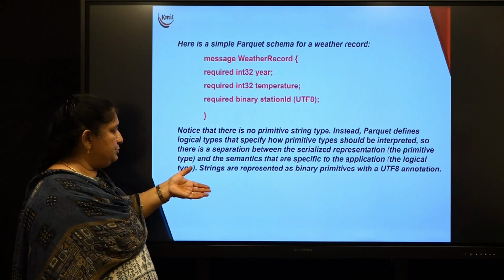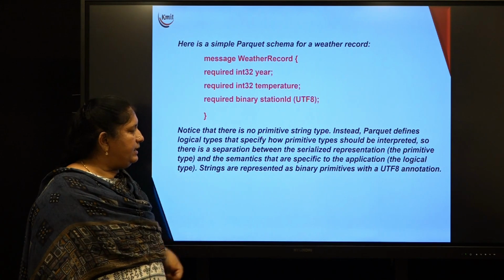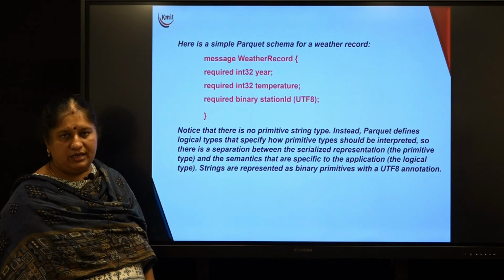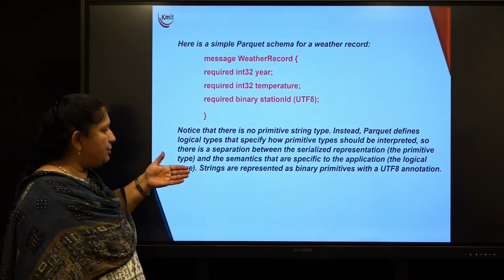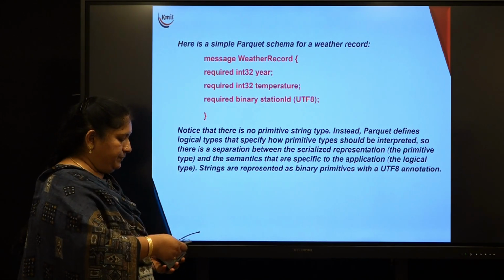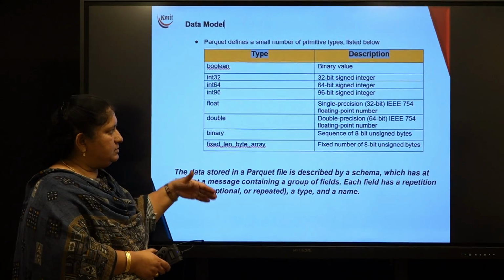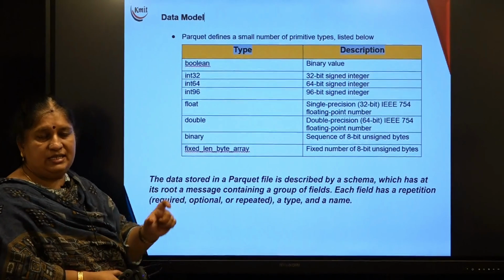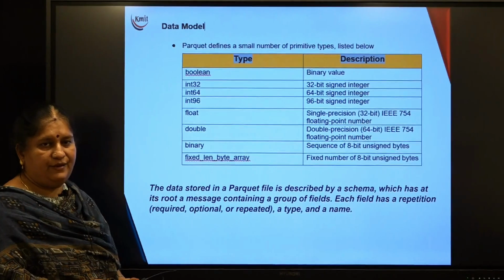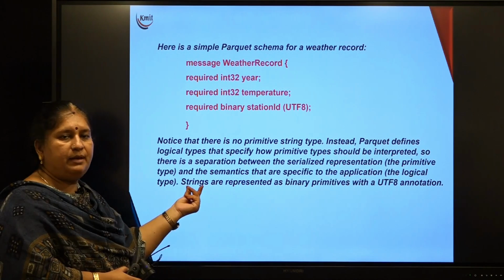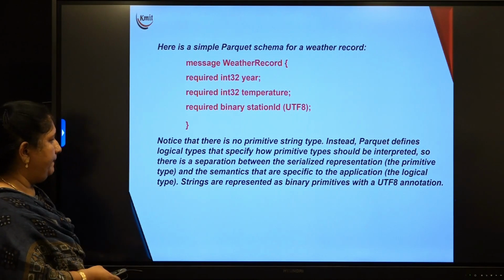Strings are represented as binary primitives with a UTF-8 annotation. Whenever I want to talk about strings, I go for this. I say string is following UTF-8. Whenever I write UTF-8, you should understand it is the primitive for representing the string data type.